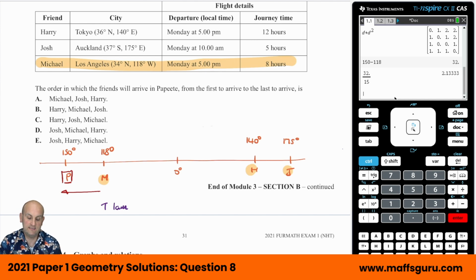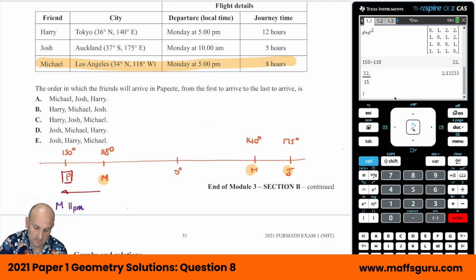So I reckon he's going to arrive on Monday at 11 p.m. All right, so there's Michael. I think he's going to arrive Monday at 11 p.m.